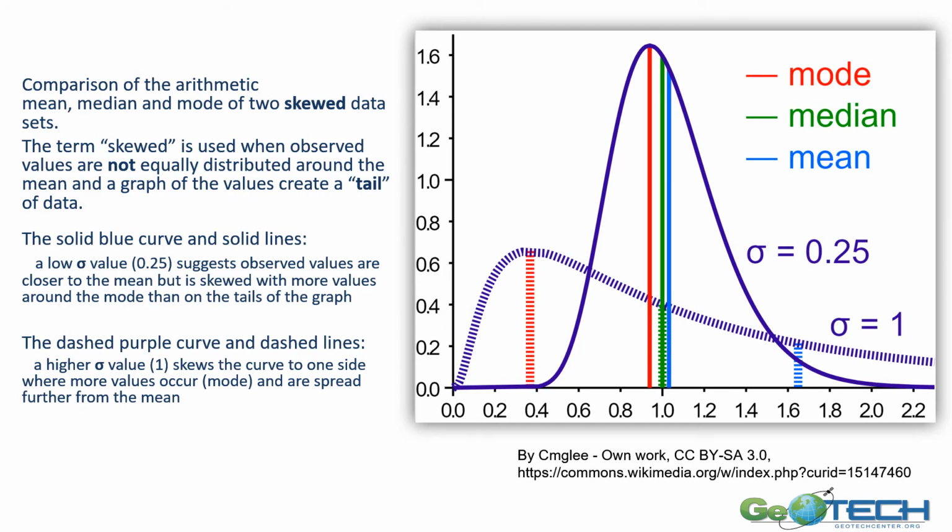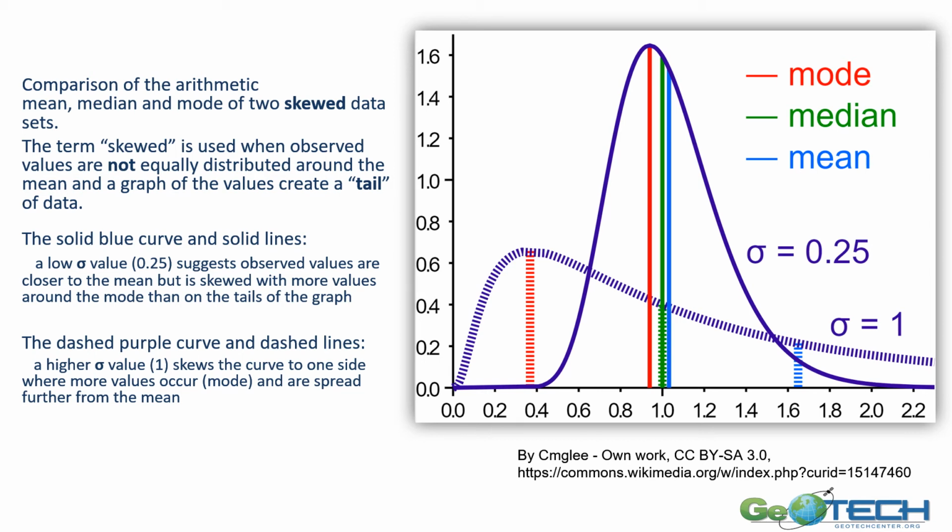Skewness is about the mean, median, and mode. And if I graph that data, I get a very different curve than that nice bell-shaped curve. It means that the data is not evenly distributed around the mean, and it's skewed to one side or another of the data set.